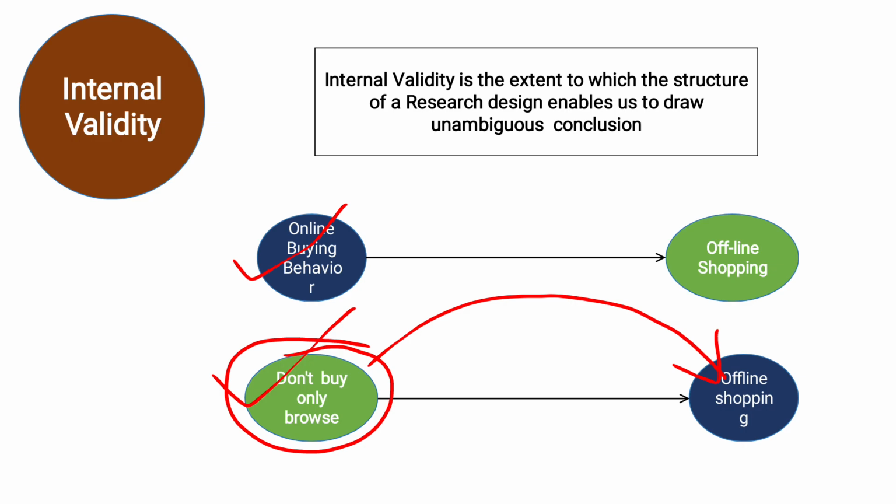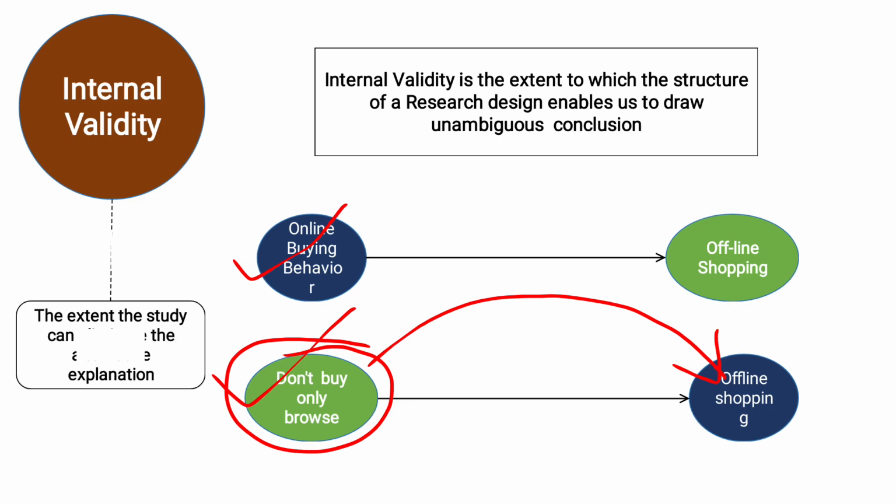So again, internal validity is the extent to which the structure of the research design enables us to draw unambiguous conclusions. If here I just take one factor, then the explanation is highly ambiguous, because there are other ways that consumers behave online and buy offline, right?